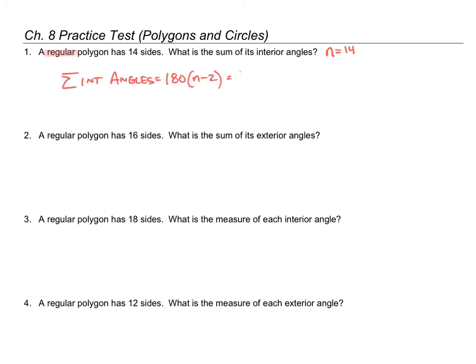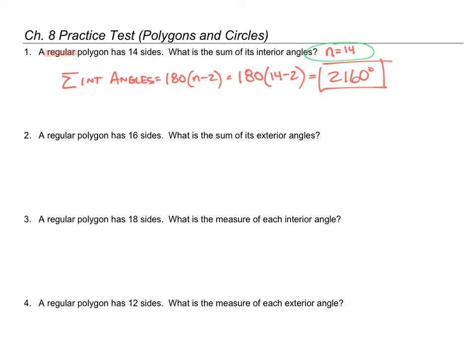We plug in n equals 14. 14 minus 2 is 12. We do 180 times 12, and we get 2,160 degrees. Again, that represents the sum of all 14 interior angles for this polygon if you were to add them up. We're not asked anything else, even though it's a regular polygon. That's all we're asked to do: find the sum of all 14 of those angles.